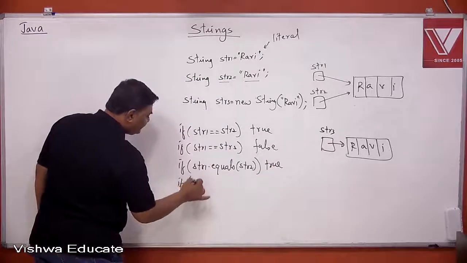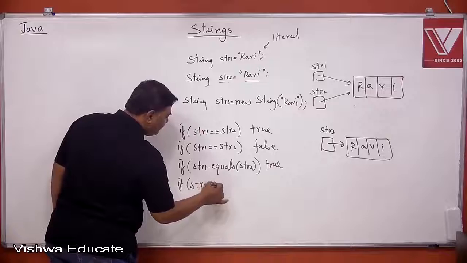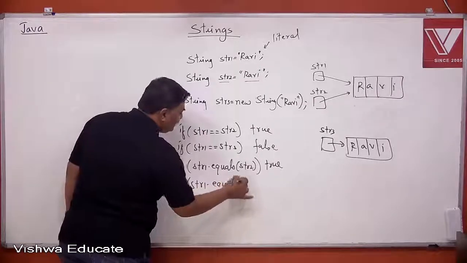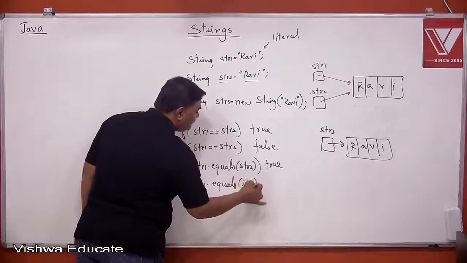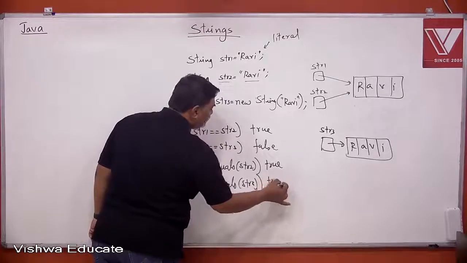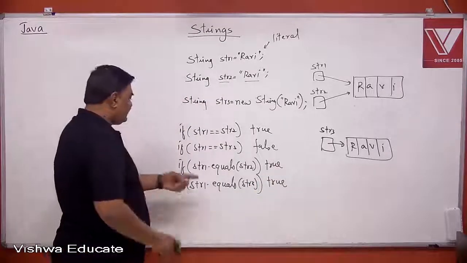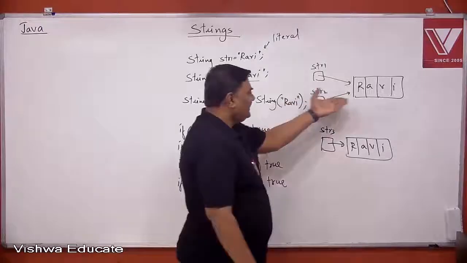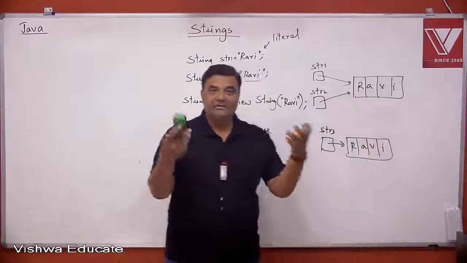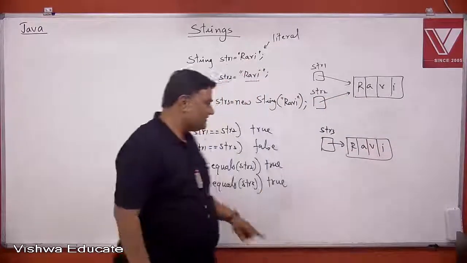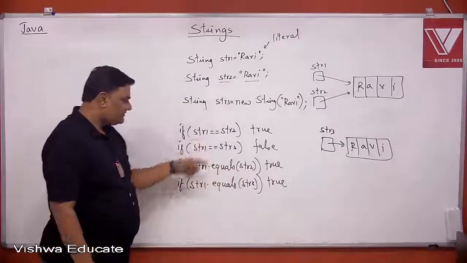If str1 dot equals str3, what's the answer? True. See, when you use equals, the contents are compared, even though they are different objects, so the answer is true. So here also the answer is true. So take this one.